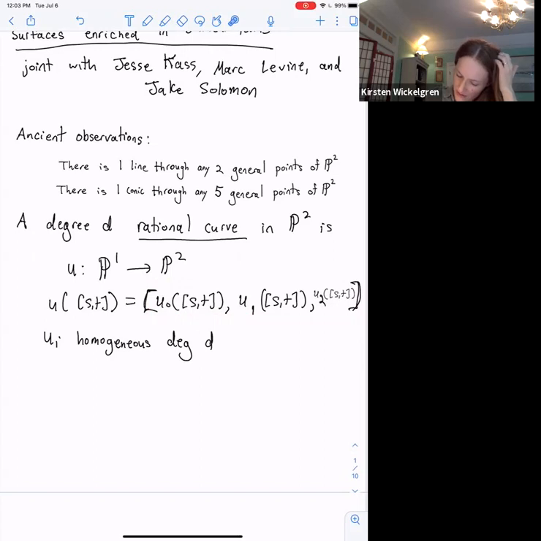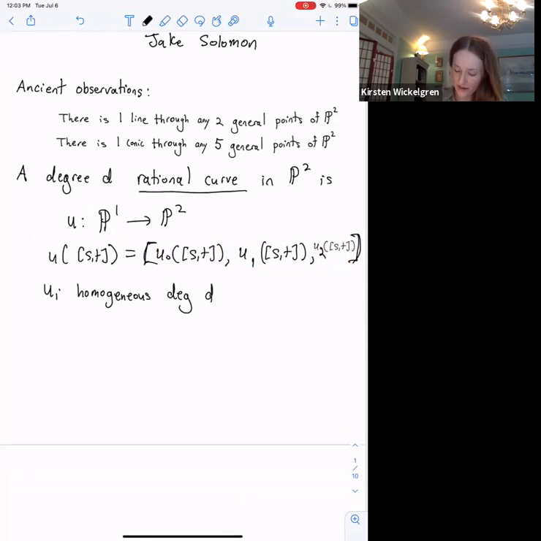But then you've got symmetries of P1 that take another 3 away, giving 3D, and then 1 more from homogeneous coordinates, since you can scale. So by a dimension count, there are 3D minus 1 dimensions of such rational curves.